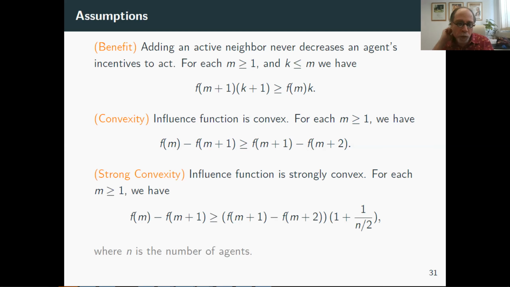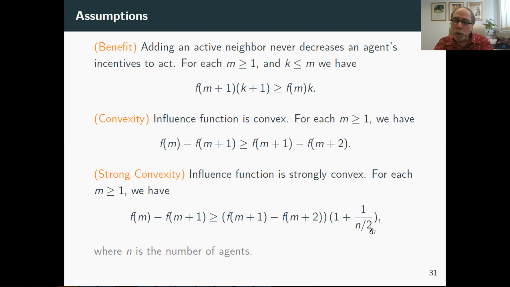And the third one is a strengthening of the second. I'm calling it strong convexity. Not only do we need convexity, but we need that it grows sufficiently fast, and it depends on n, the number of players in the network. Note this term: if n goes to infinity, then it's simply convexity.